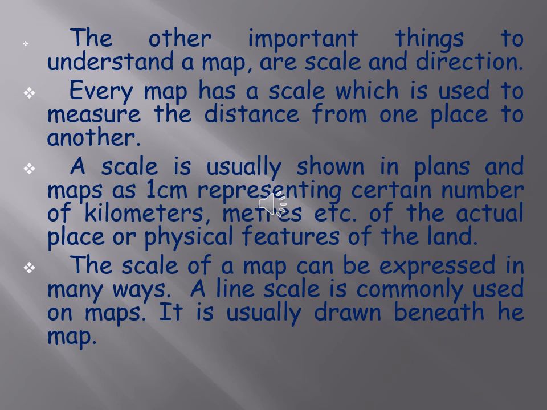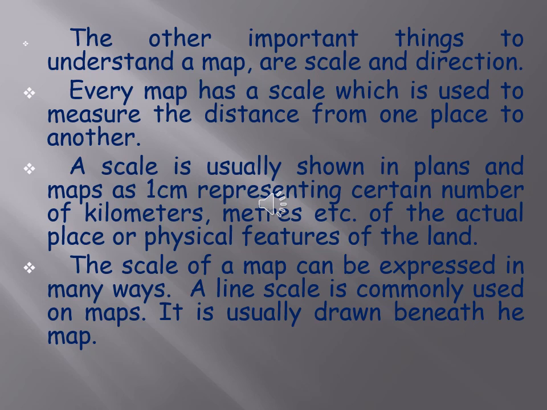That is how a scale is usually shown in plans and maps, as 1 centimeter representing a certain number of kilometers or meters of the actual place or physical features of the land. According to the physical features, it will vary.